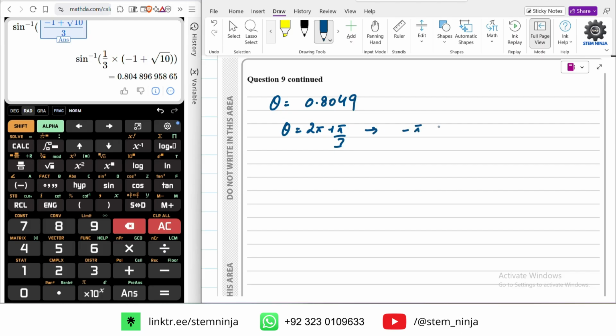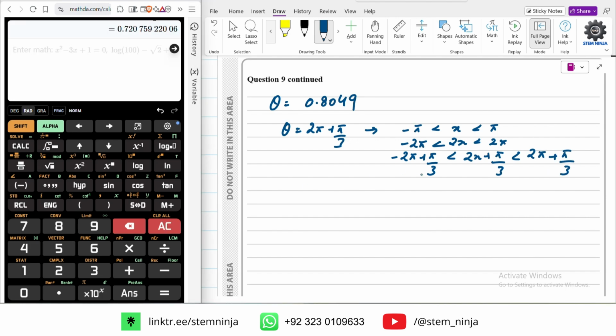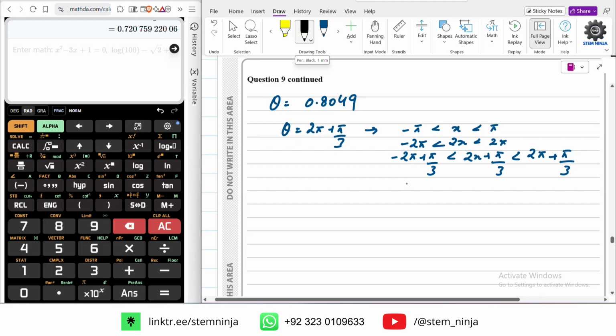So if x is from minus pi to pi, 2x would be from minus 2 pi to 2 pi, so minus 2 pi plus pi by 3 and 2 pi plus pi by 3. So pi by 3 is basically 60, so in degrees minus 360 plus 60 is minus 300, and 2 pi plus this is 420 basically.